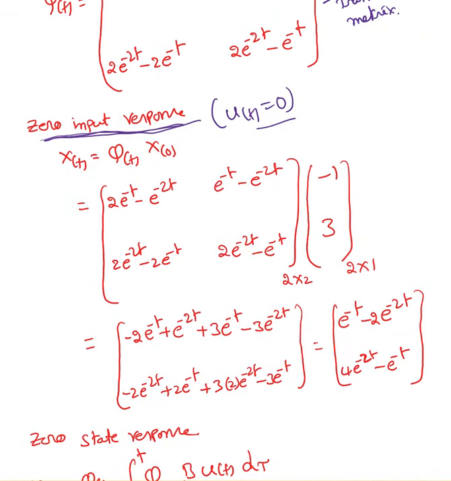So phi of t is a 2 by 2 matrix, and this is a 2 by 1 matrix. So the inner dimensions are the same, and we'll end up with a 2 by 1 matrix. You do the calculations, you verify these multiplications. I did it a couple of times, so I'm assuming these numbers are right.